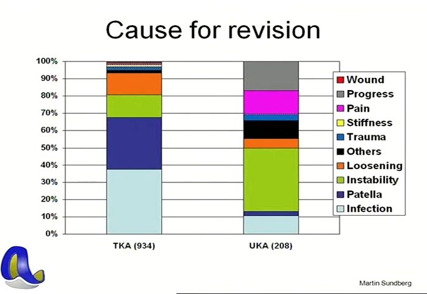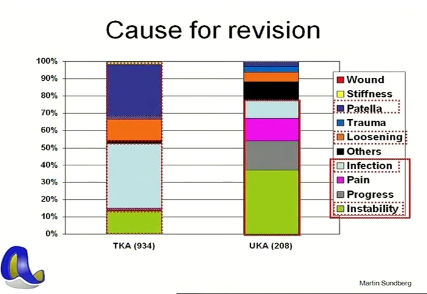And looking at uni knees versus total knees, the revision causes are totally different. As for the men and women, infection, patellar problems, instability, and loosening are dominating, with more than 90% of the revisions in the total knees, whereas in the uni knees, instability is the most common cause for revision, followed by progress of disease, pain, and infection, accounting for 80% of the revisions.